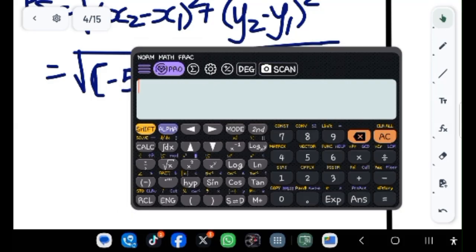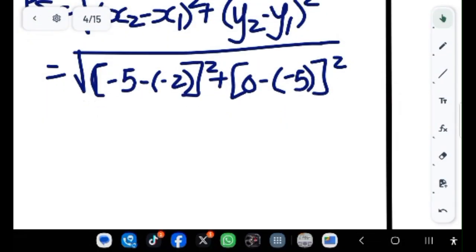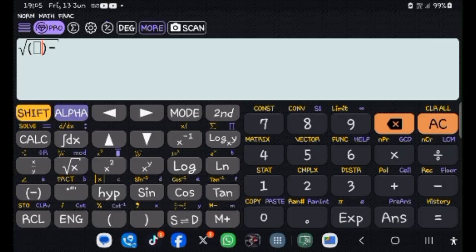That is the square root of, okay, let's go, negative 5 minus negative 2. So that will be negative 5.